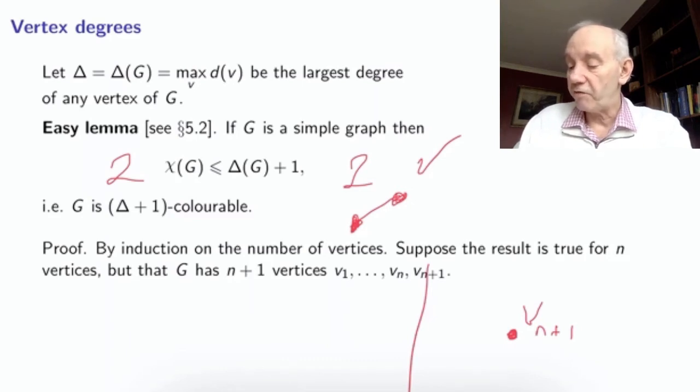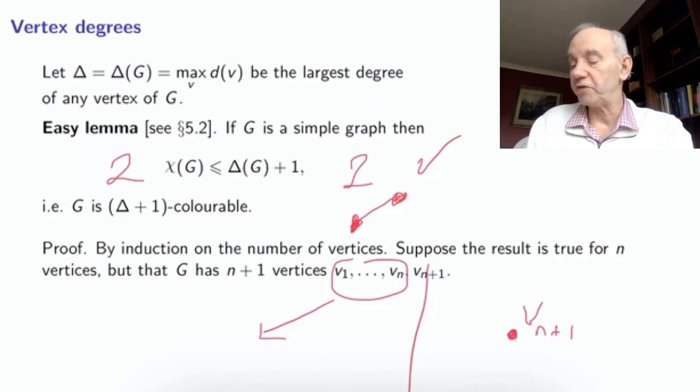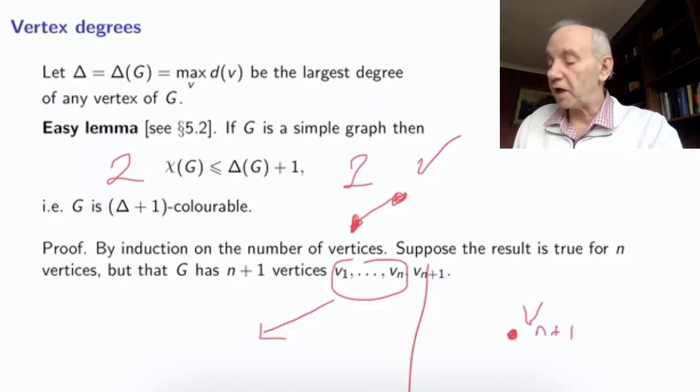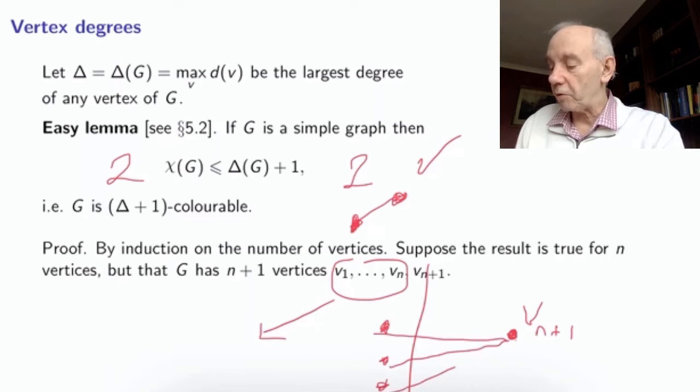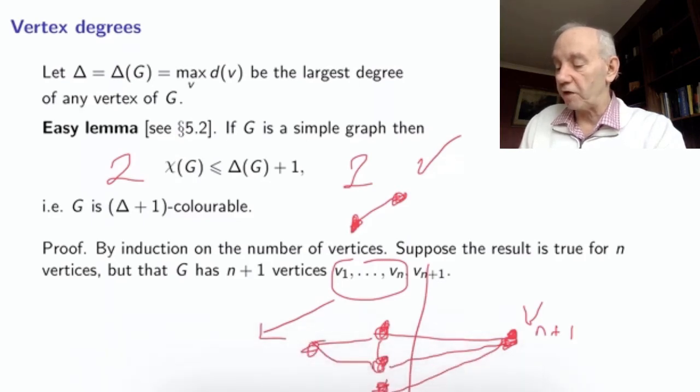So we have V1 up to Vn on the left-hand side, and then we have our last vertex on the right. And this last vertex will be connected to a number of other vertices in the first list. So there will be edges going from the last vertex to some of the vertices in the rest of the graph, and these may also be connected, we don't know, or they may not be connected. So there's the rest of the graph.